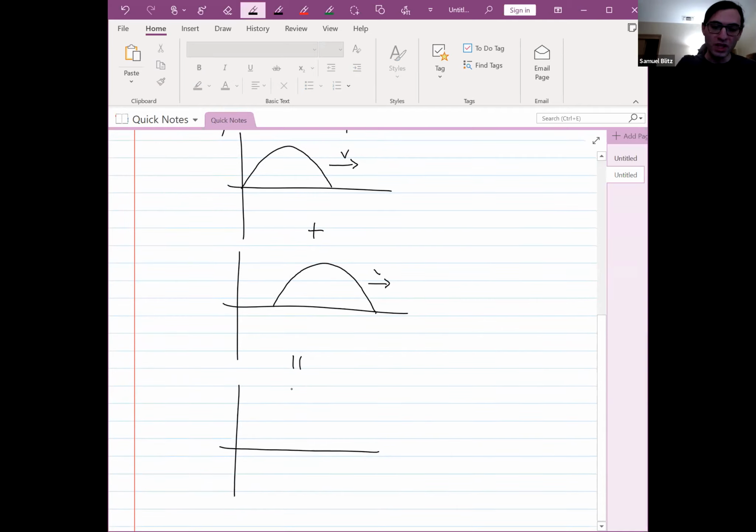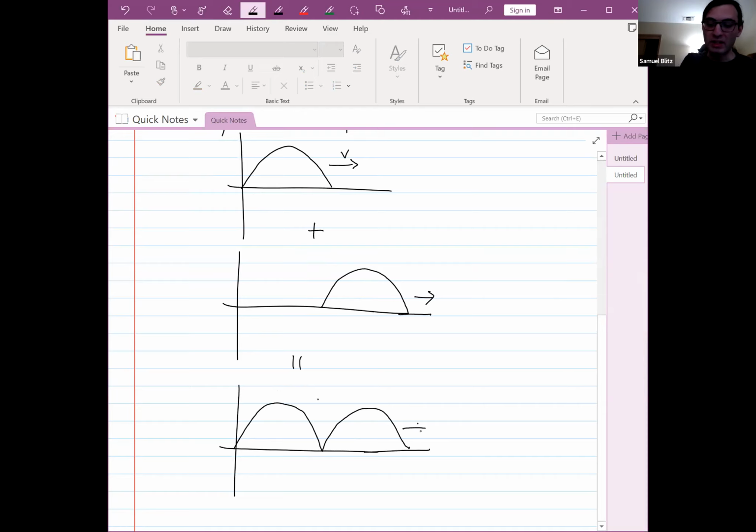So the end result would look something like, let me try to line this up. Oh, that's terrible. This is so hard to draw. Okay, you know what? I'll do this. There we go. So the sum would look like this.